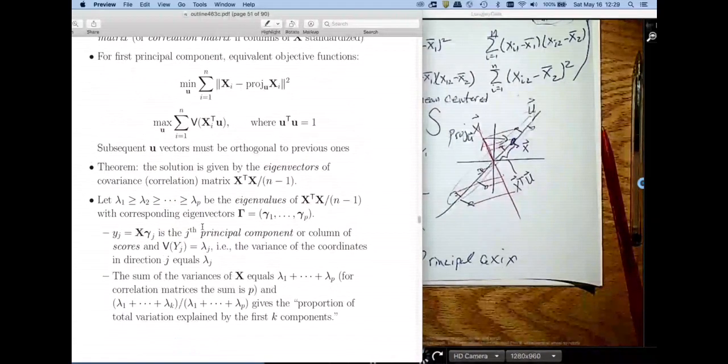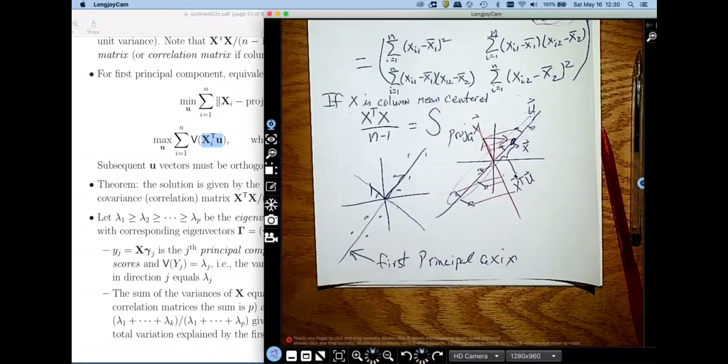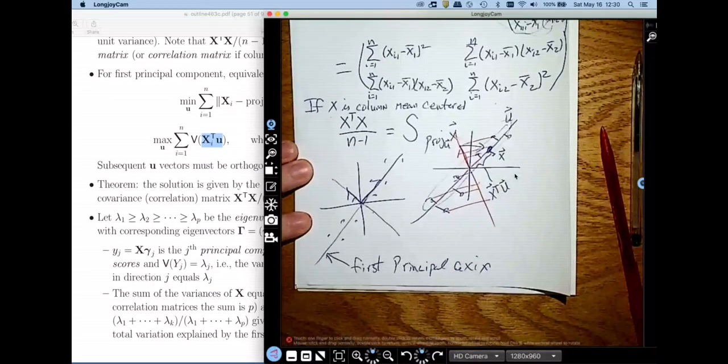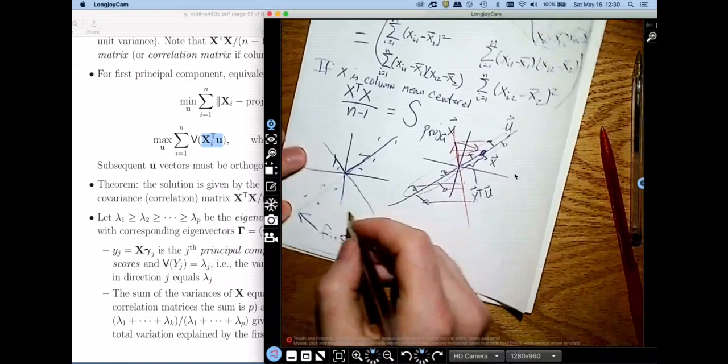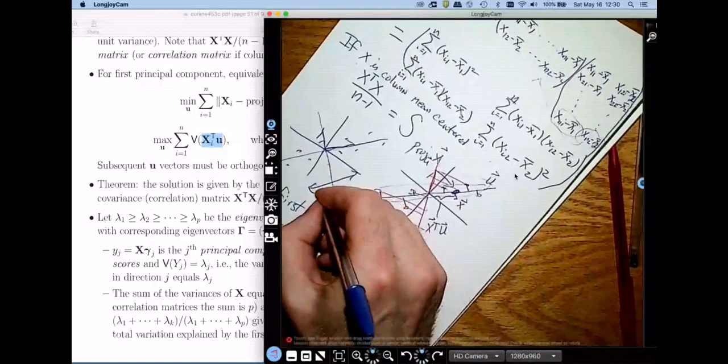And then it turns out the variance of these scores, remember I said that was one of our objectives, so here's your principal component score. The variance of this is given by the eigenvalues, the lambdas. Let me go over to my piece of paper here and reinforce the intuition.